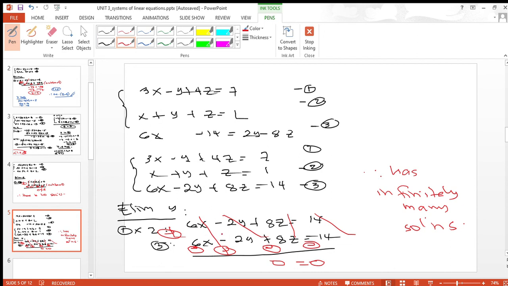Therefore, these two equations are representing the same straight lines. Therefore, these lines are coinciding. We have infinitely many solutions. So at least that will be how you will see whether your system will have a unique solution, infinitely many solutions, or no solution.